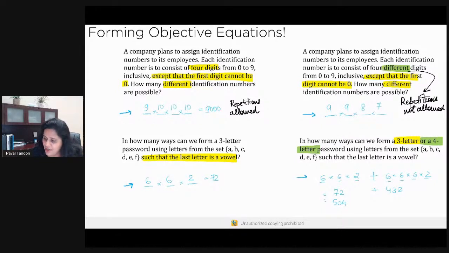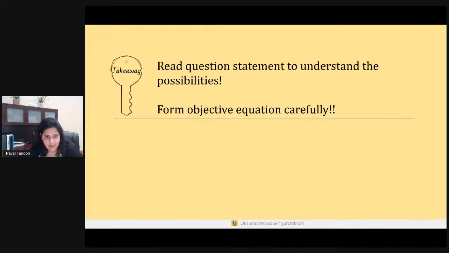How we saw that over here repetitions were allowed, that was implied that you can repeat, and over here, because it said different digits, you translated that to imply that repetitions are not allowed. Now, the same thing, and again, over here in these two examples, what we saw was the objective equation when there is an or in the question statement. Okay. All right. So now what we're going to do is we are going to enhance this a little bit.